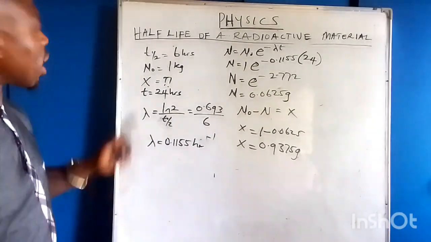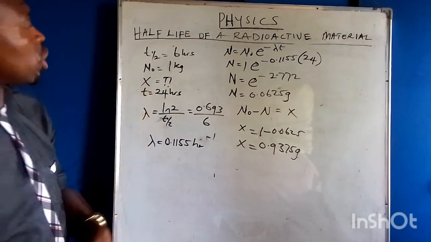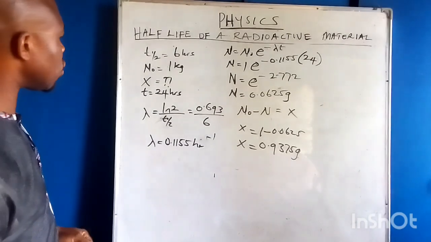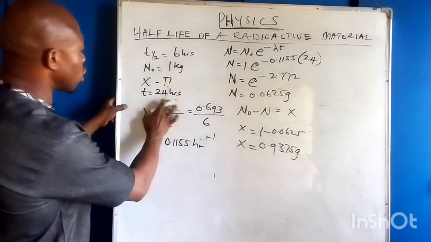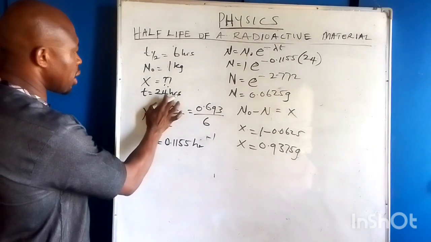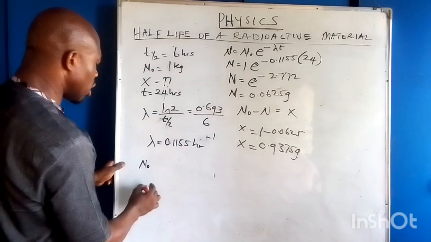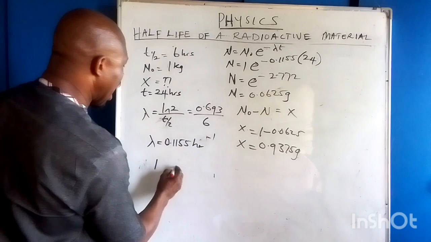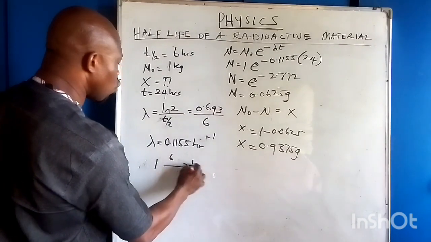Alternatively, we can still solve the other way around, but if we continue to do that, our time will continue to increase. If you use the other formula, we can still get this. The total transportation time there is 24. So if we use the other formula, this is N naught, and of course N naught is 1. After 6 hours, 1 will reduce to half.